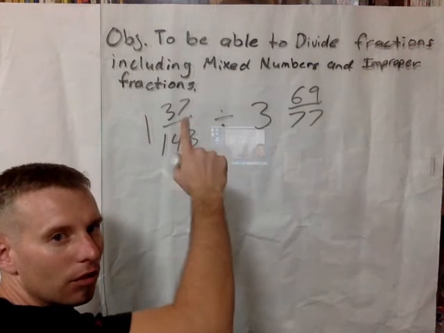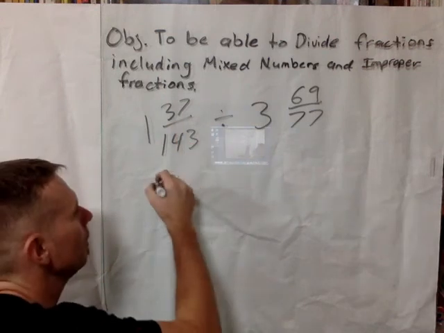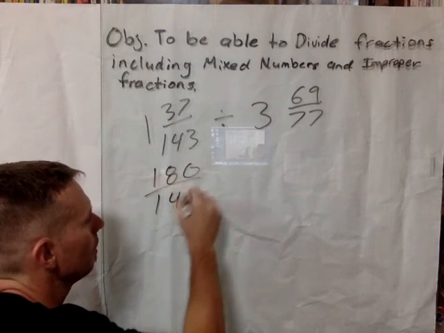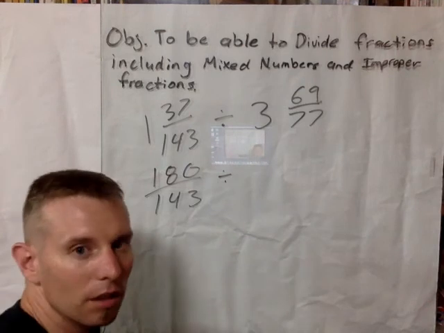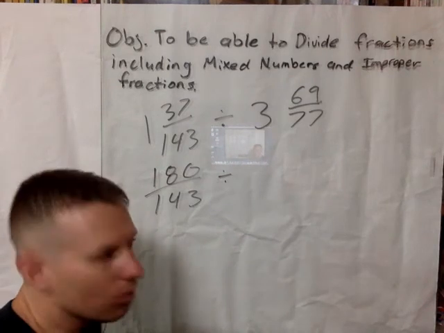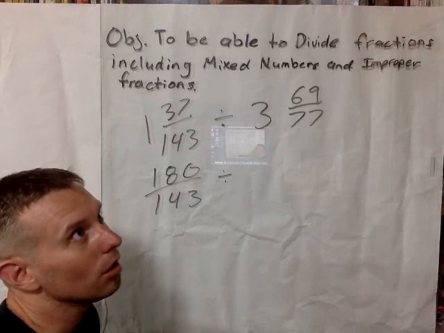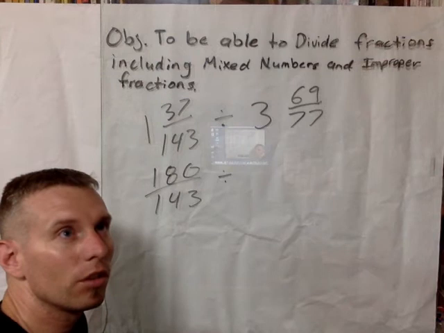143 times 1 is obviously 143. 143 plus 37 is a nice even 180 over 143. Now, 77 times 3 is going to be 210 plus 21, which is 231.